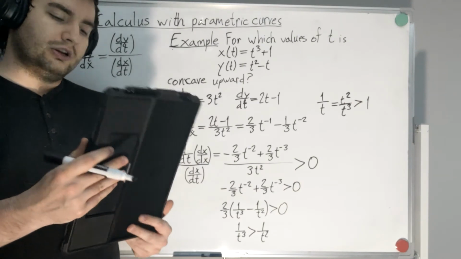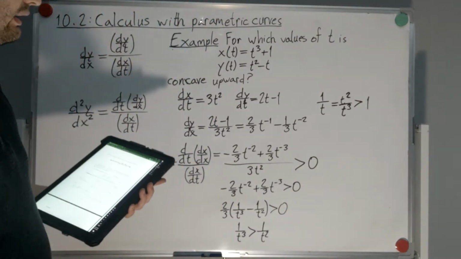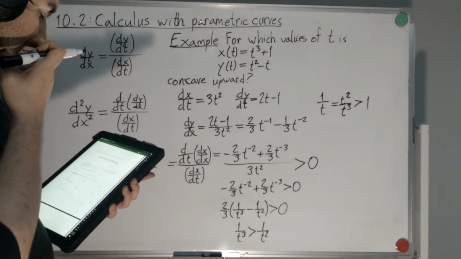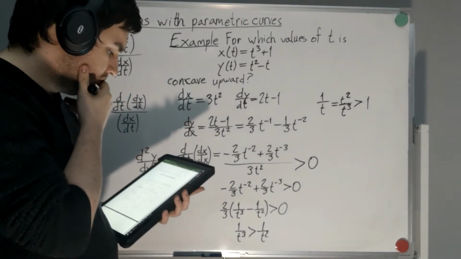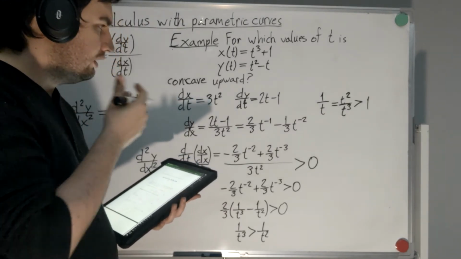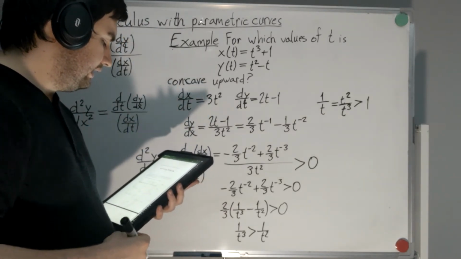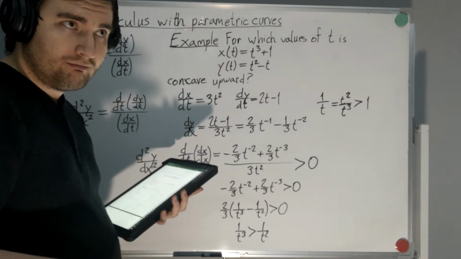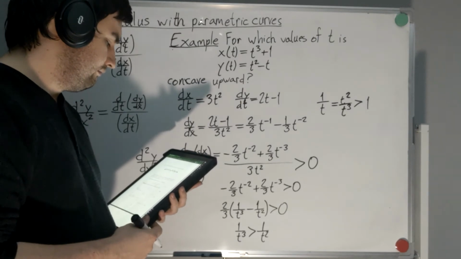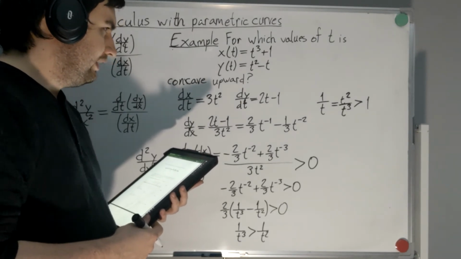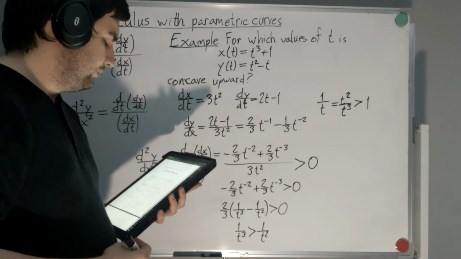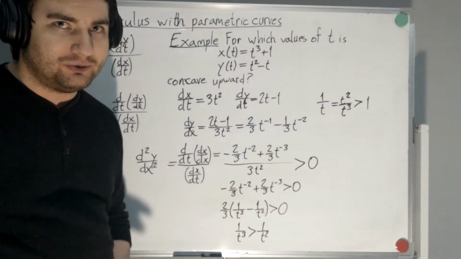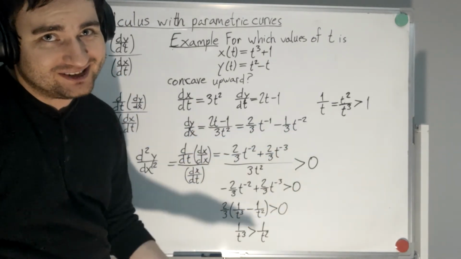1 over t will be greater than 1 only when t is less than 1. Actually, it's got to be less than 1 and greater than 0. Because if it's equal to 0, then obviously this doesn't make any sense at all.